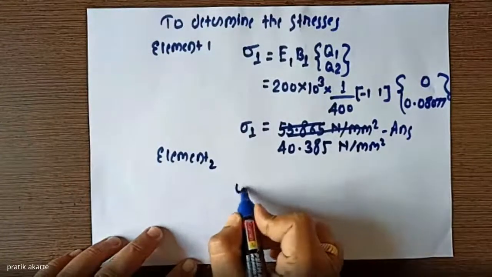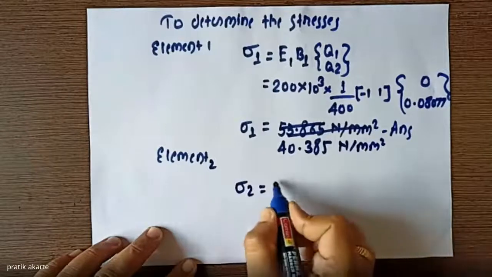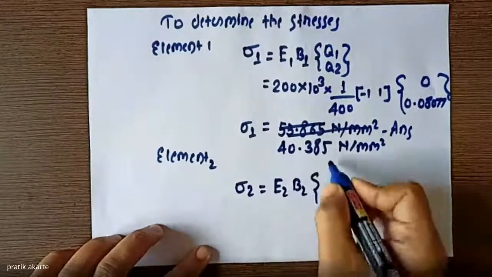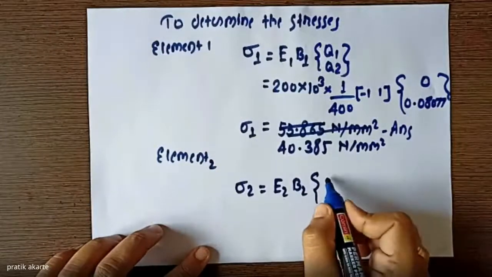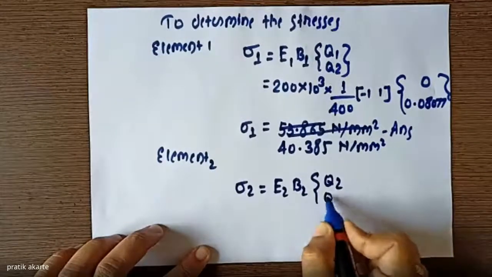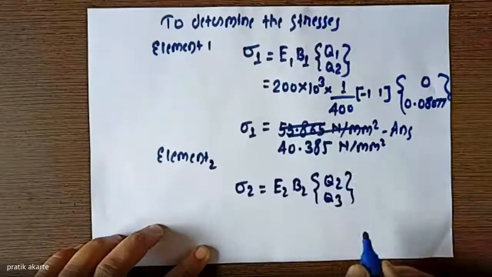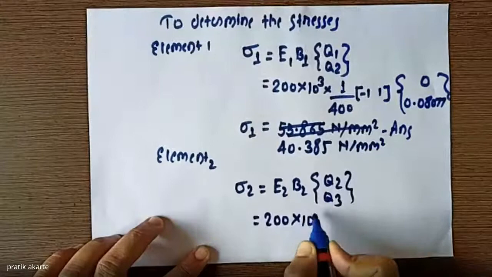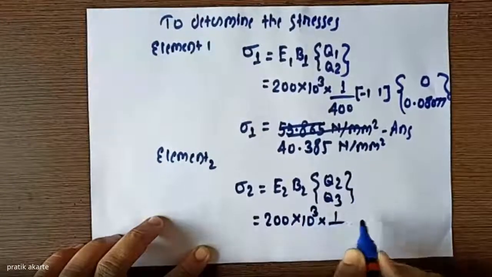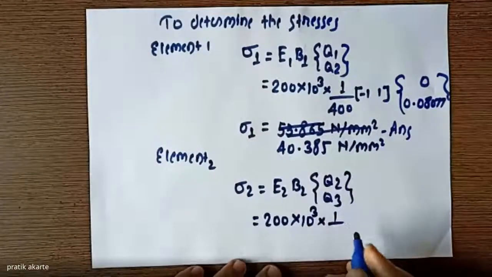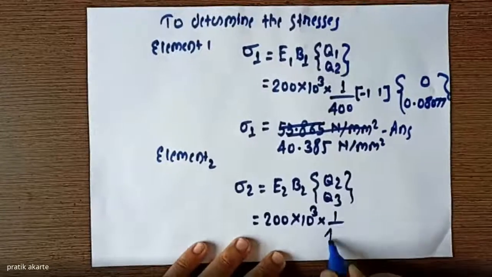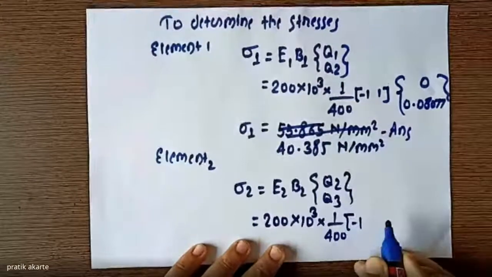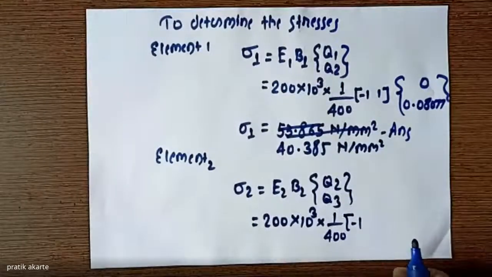So for element number 2, sigma 2 is equal to E2, B2, and we can write over here Q2 and Q3. Okay, so E term remains as it is, 1 upon 400. Please check this, 1 upon 400. The length of the second, all the elements are 400.